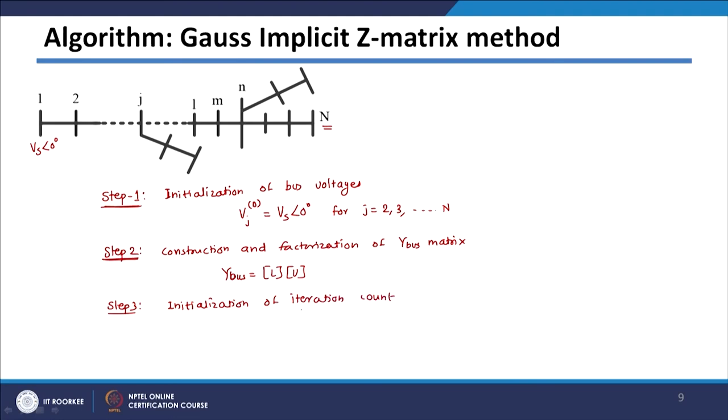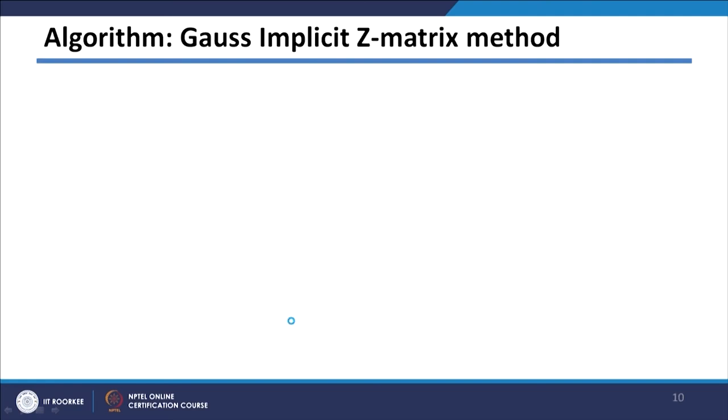So iteration count k will be equal to 1 first, and then step 4 will be calculation of load current at each bus.